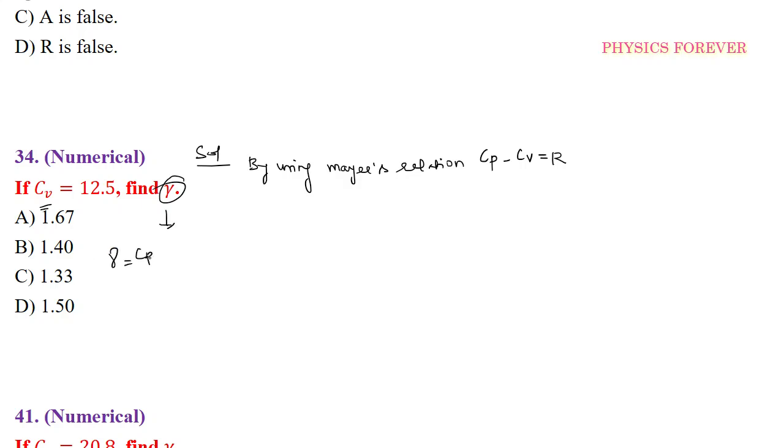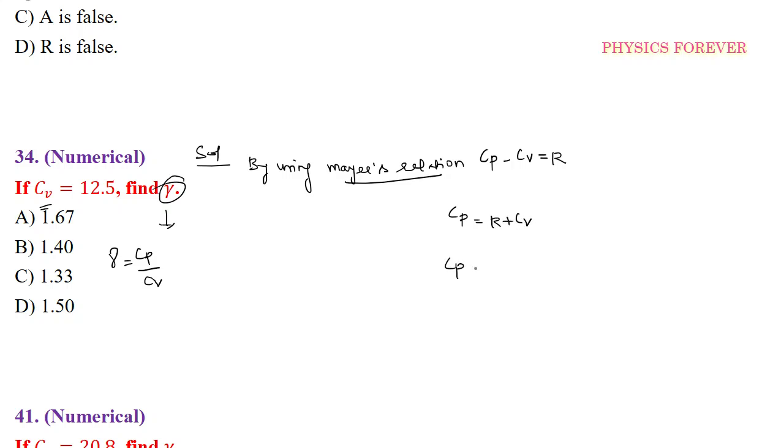Only Cv is given, so we have to find the Cp value. That's why we have to use Mayer's relation. Taking Cv to the right side, Cp equals R plus Cv.